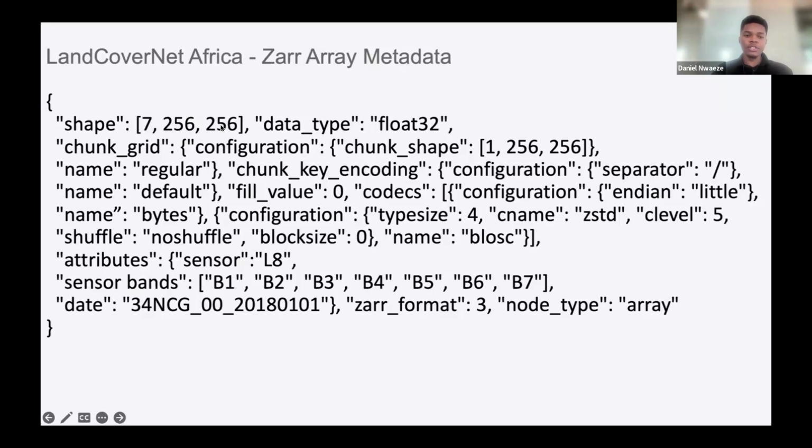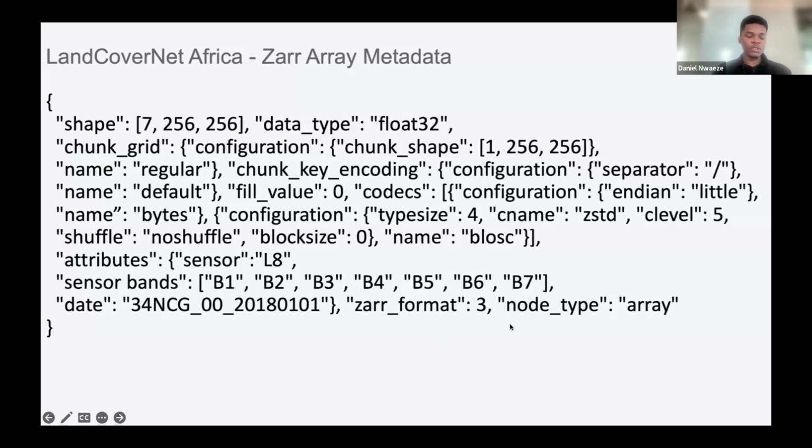So this is 256 by 256 and 7, so 7 different bands here. The data type, the chunk grid. So basically these are the chunks. So each band has a particular chunk. And then attributes, you have the sensor here, sensor band. So this tells you all the bands in the sensors. Then dates, the Zarr format, and the node type.